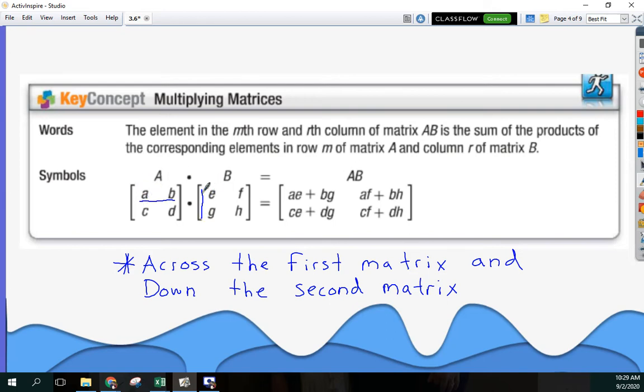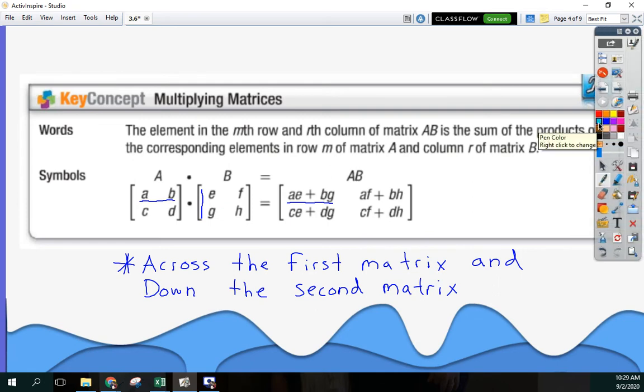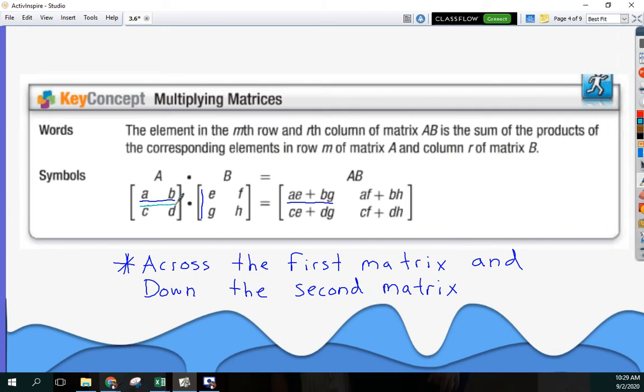So I have A times E. Then I put an addition sign in between, and then I have B times G. Then we move on to the next column, still using the same row in matrix A. So we're still using A, B, but this time we're using F, H. Again, across our first, so A times F, across B, down H, so we end up with AF plus BH.